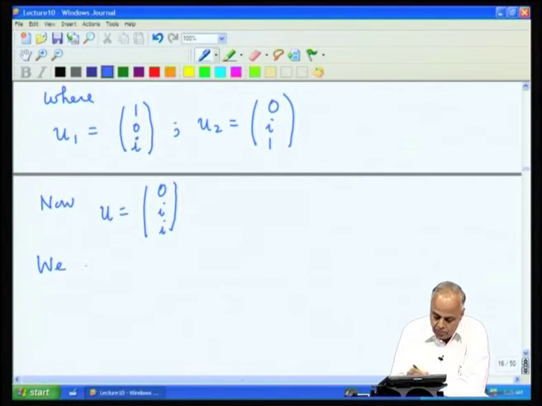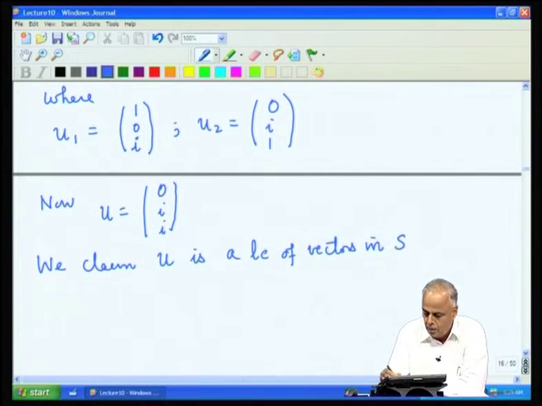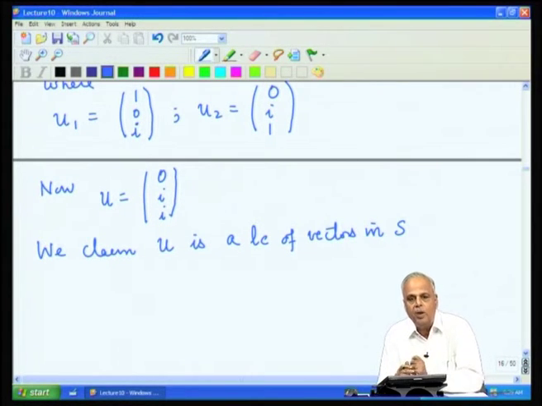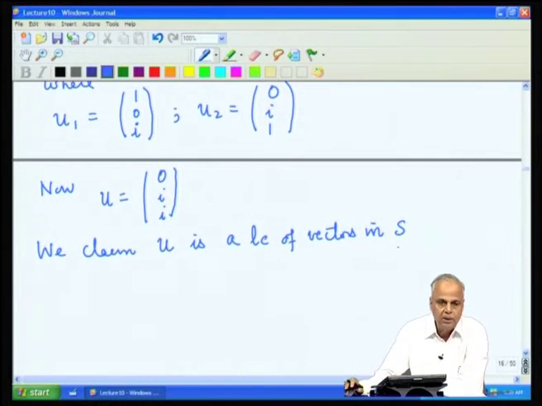We claim u is a linear combination of vectors in S. For this, we have to find two scalars alpha 1 and alpha 2. Now, the scalars are allowed to be complex numbers. So, we have to find two complex numbers alpha 1 and alpha 2, such that alpha 1 u1 plus alpha 2 u2 is equal to u.